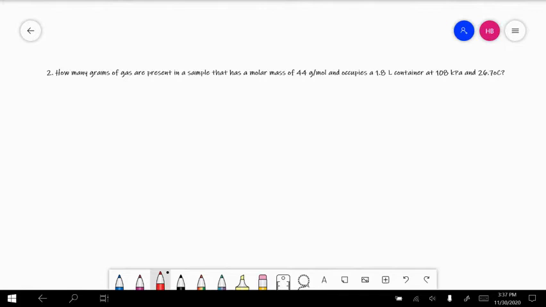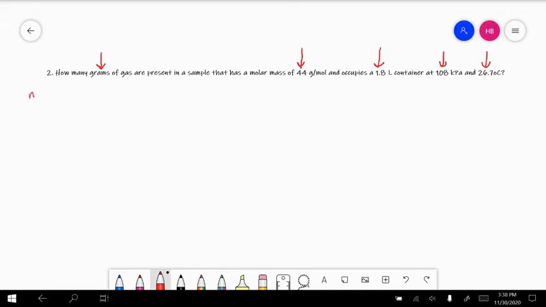Okay, let's do number 2 together now. It says how many grams of gas are present in a sample that has a molar mass of 44 grams per mole, occupies a 1.8 liter container at 108 kilopascals and 26.7 degrees Celsius. So let's write that all down.